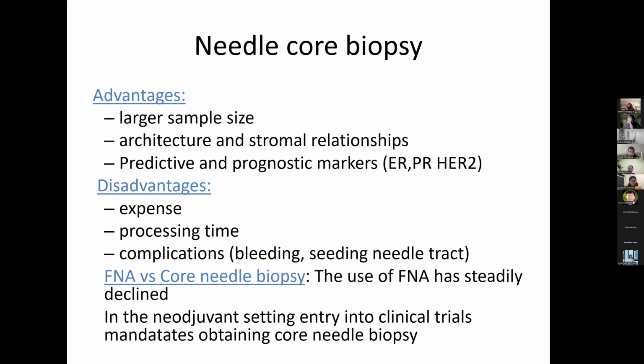The advantage of core biopsy is the larger sample size, and most pathologists are comfortable with architectural and stromal relationships, which can also be obtained in a good cell block preparation, and the predictive and prognostic markers are superior. If you get a core biopsy, you have a lot of material. Of course, the disadvantages are the expense, processing time, and complications, again, bleeding and needle tract seeding by malignant cells.